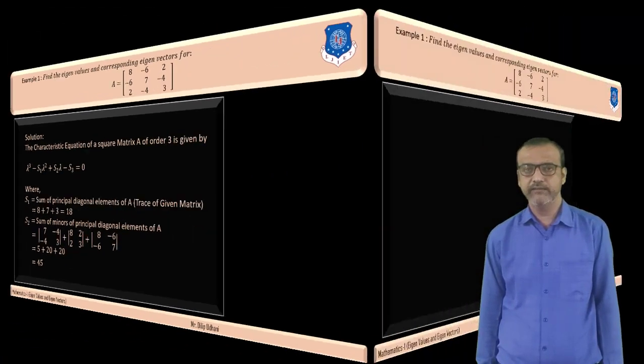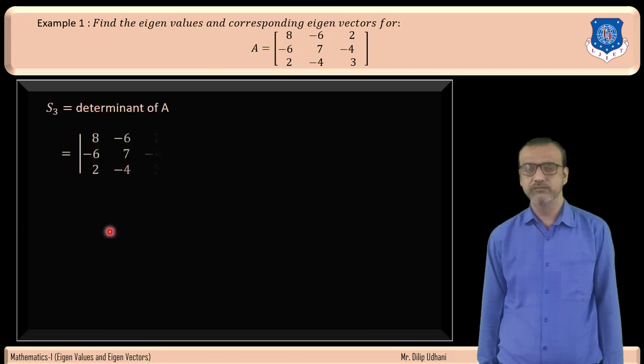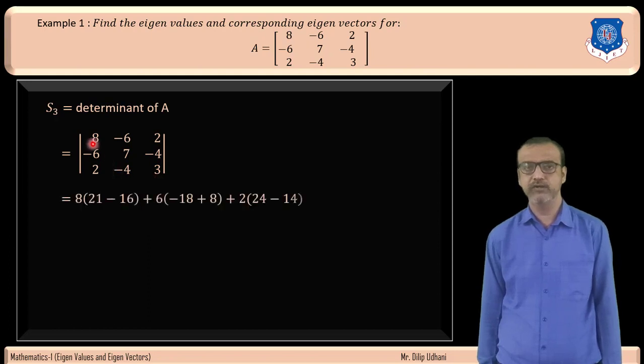Now we will find s3. s3 equals the determinant of A, that is, the determinant of the given matrix. The first element is 8, and its minor is 7 into 3, 21, minus 4 into minus 4, 16. Then for the second element, minus 6: minus minus plus, so it will become plus 6, and its minor is minus 6 into 3, minus 18.